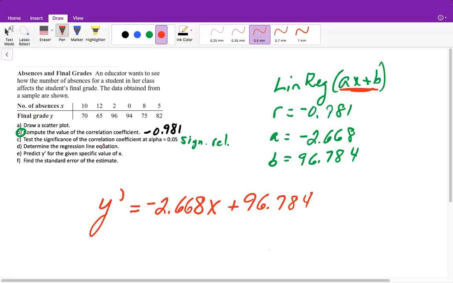That would be our answer for our regression line equation. I am going to erase this now, so pause it if you need to take any notes.